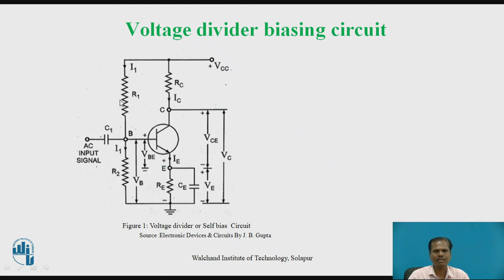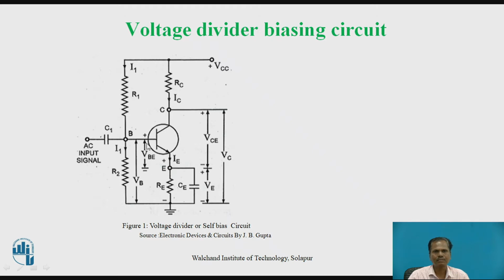In addition to this R1 R2 voltage divider that is used to forward bias the base emitter junction of the transistor, considering an NPN transistor, one more resistor is connected in the emitter terminal for biasing of the base emitter junction, that is the external emitter resistor RE.